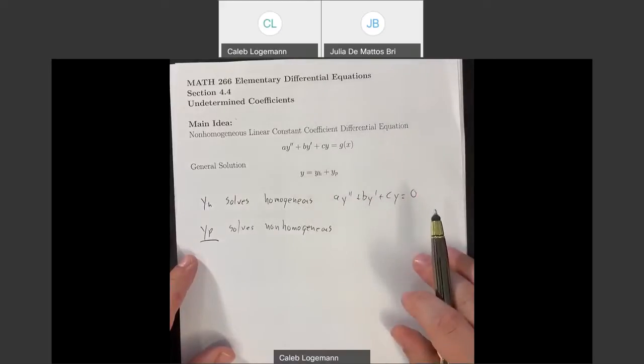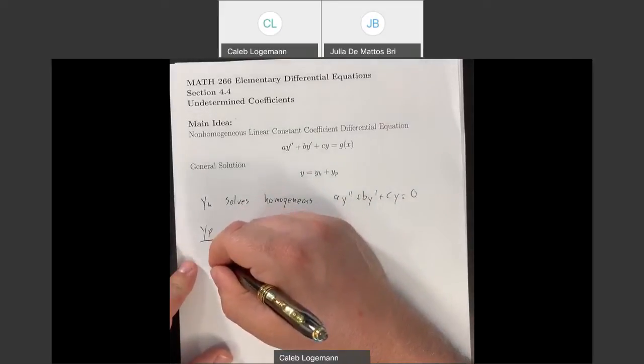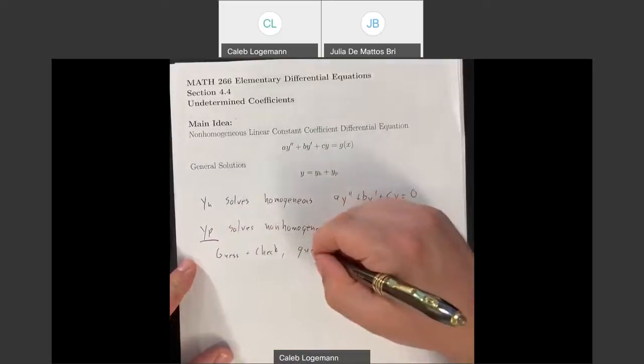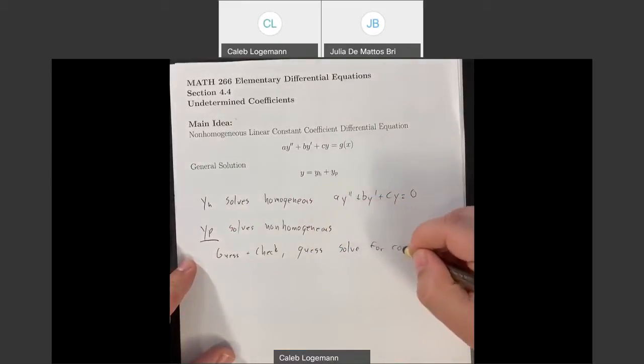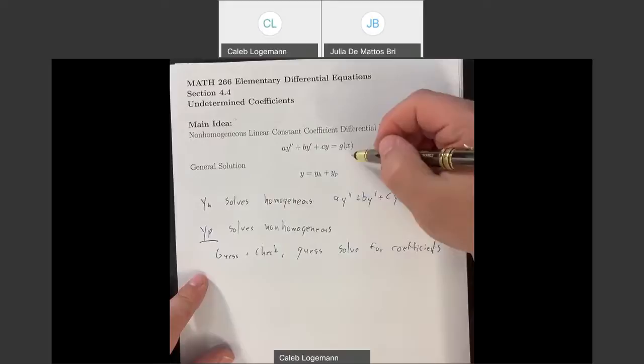Basically, the idea is guess and check, or guess and solve for coefficients. The trick is to figure out what our guess should be depending on what g is.